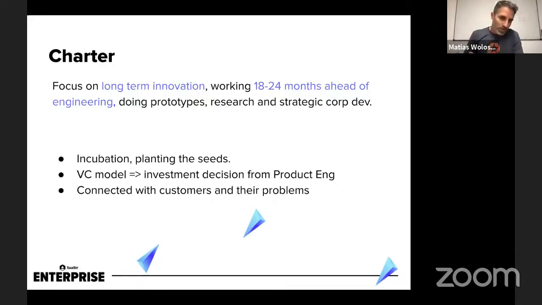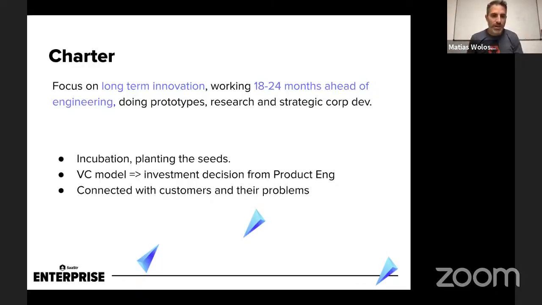So we do prototyping, and we do research. We do some strategic corp dev, the technical side of things, and staying aware of what type of companies are out there, what type of potential acquisitions we can do. It's a little bit of getting yourself out of the water and looking ahead, and asking, okay, what are the products that we can incubate that will become a product in a 1.5 to 2 years time frame.